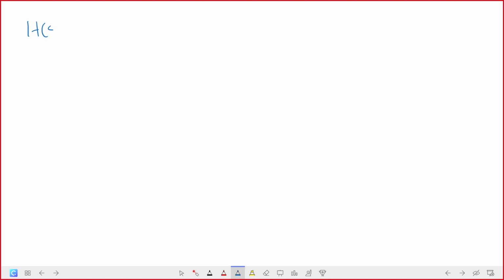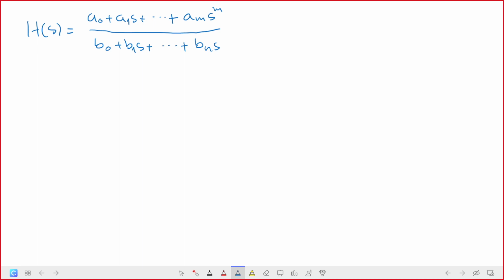The transfer function H(s) equals a0 plus a1 s plus dot dot dot plus am s to the m over b0 plus b1 s plus dot dot dot plus bn s to the n.